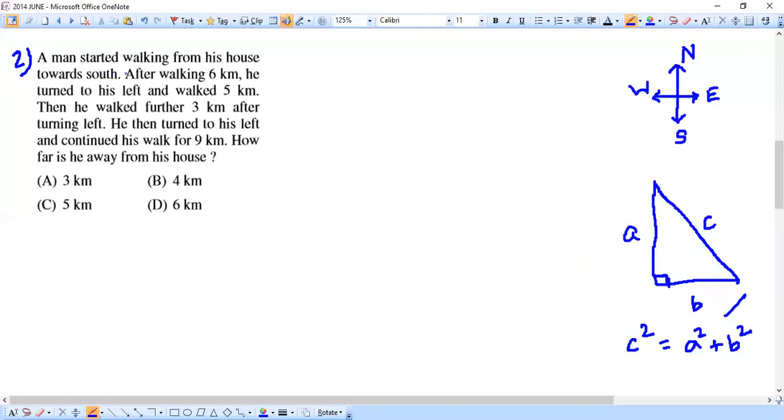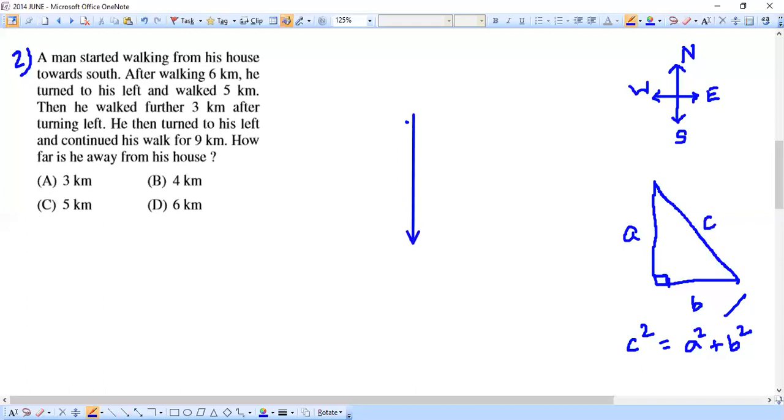A man started walking from his house towards south. Let us take this point to be the point from where the man is starting. So from here the man is going to travel towards south. The way I'm drawing is not straight, so let me use the arrow mark tool. Usage of the arrow mark is much better because it will determine the direction.